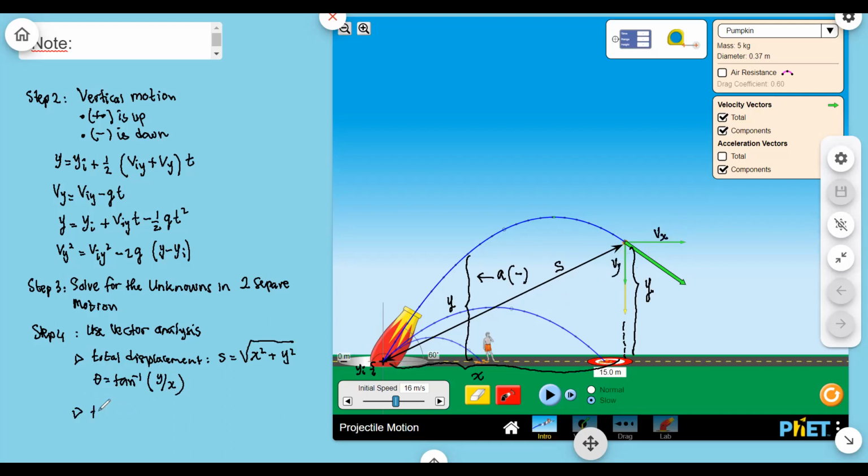So we can find the final velocity V equals the square root of Vx square plus Vy square. And then you can also find the angle of the final velocity, theta V, equals inverse tangent of Vy over Vx.